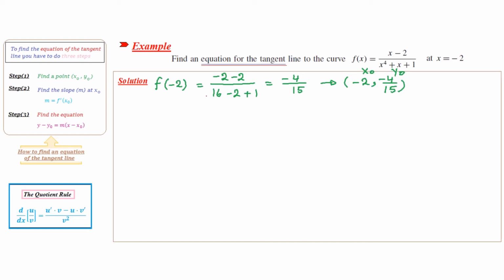Next you have to find f prime. But here we have a function divided by a function, so you have to use the quotient rule. So name the numerator u and the denominator v. And as you know, f prime of x for the quotient rule is u prime v minus u v prime, divided by v square.